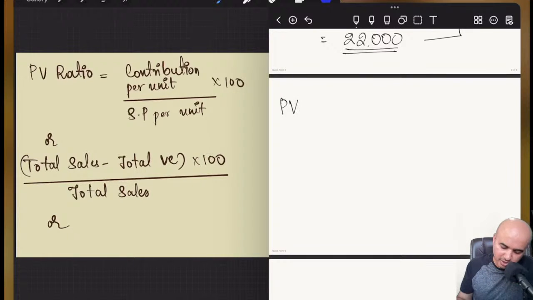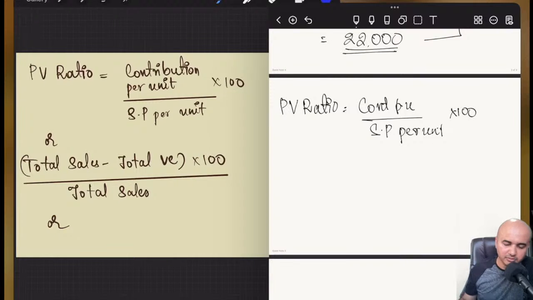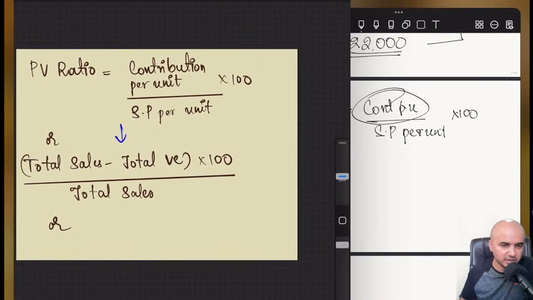So then PV ratio would be contribution per unit divided by selling price per unit into 100. That's it. So contribution per unit we already know. It is nothing but selling price minus variable cost. You can also write it that way. So that is what we have done here.